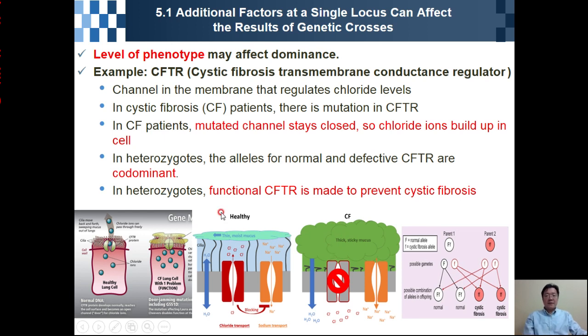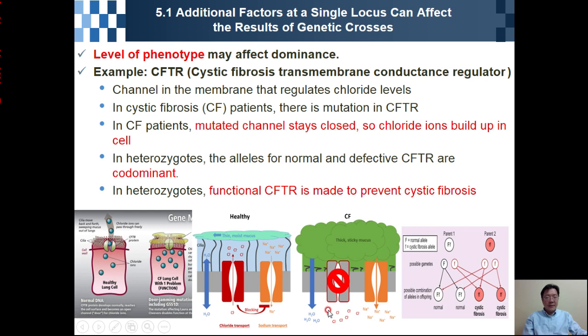So in these cases, what is the level of phenotype? The normal phenotype is superior to the level of defective CFTR. That's why heterozygotes are normal.